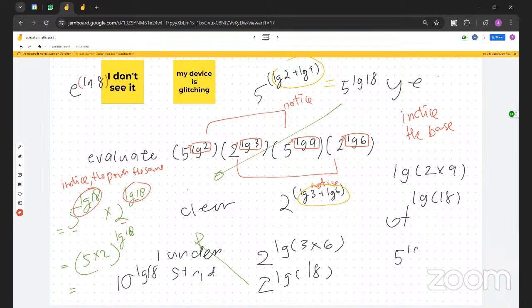Come on. See the final step. Do you see it?